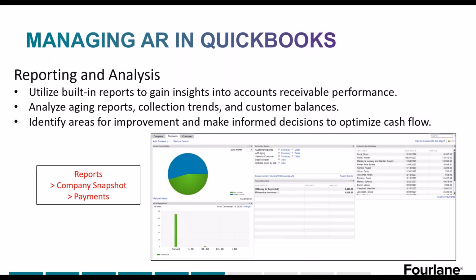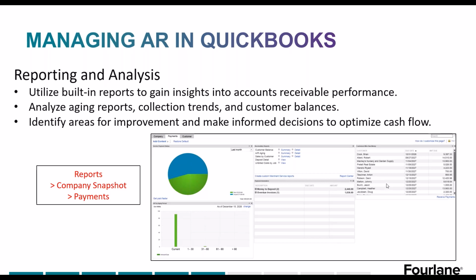Okay, reporting. So all of that's done. Now you need to know where you stand, because as I said in the very beginning, accounts receivable is imperative to the health of the business. So it's something that needs to be managed and needs to be monitored.